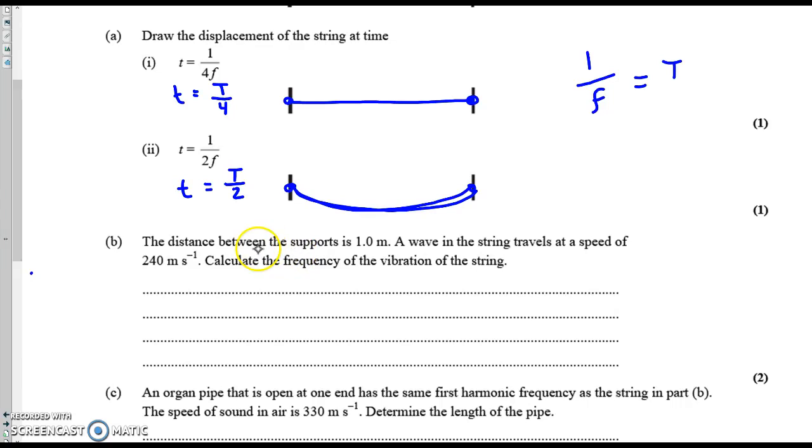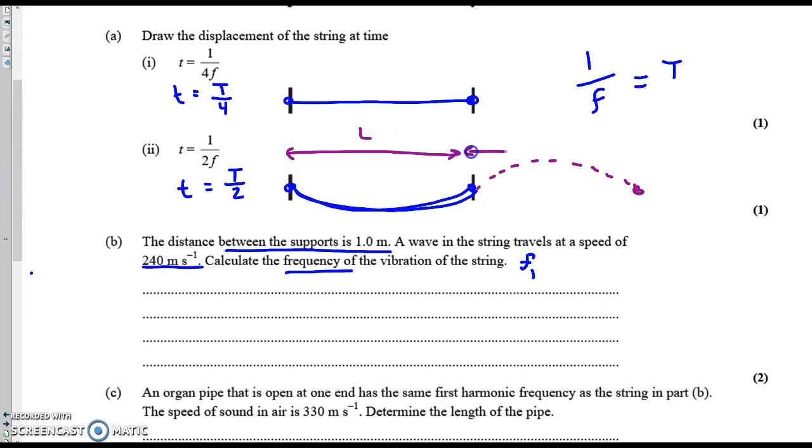The distance between the supports is 1 meter. A wave in the string travels at 240 meters per second. Find the frequency f1. Well, we look at the picture and we say, hey, a full wavelength would be like this. So L here and another L would make 1 lambda. 2L is equal to this first wavelength.